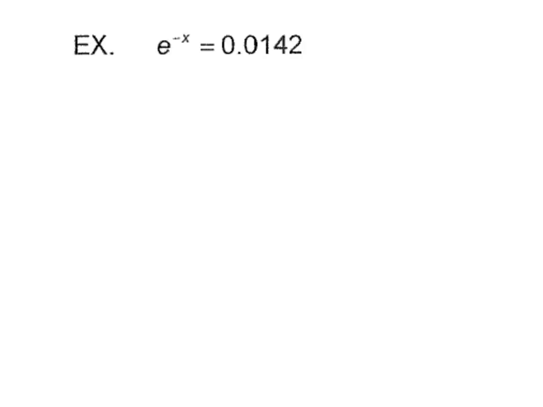e to the negative x equals 0.0142. The inverse of e is natural log. So if I need to get rid of e in an equation, I apply natural log to both sides. Natural log on the left side, natural log on the right side, the natural log and the e cancel each other out, and we have negative x equals natural log of 0.0142.